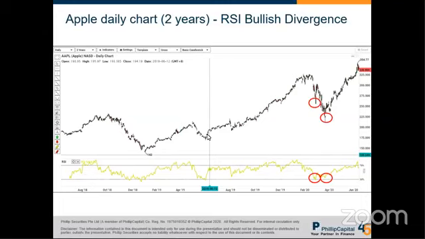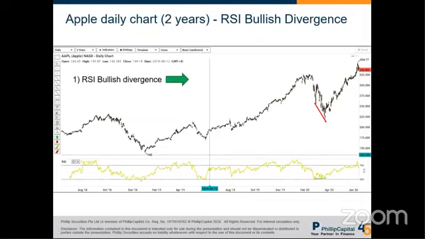If you make use of this potential trend line, this is an area where people start to look out for buying opportunities. Subsequently, you can see the chart start to go higher. So this is the bullish divergence.